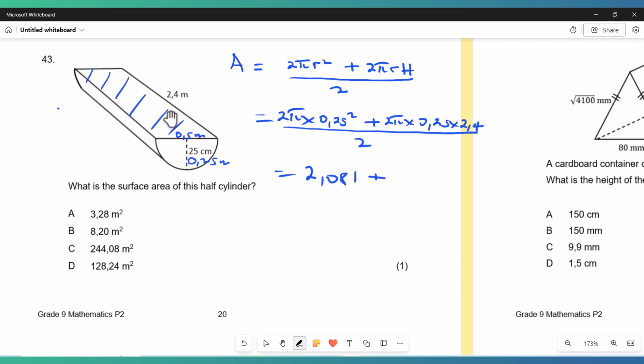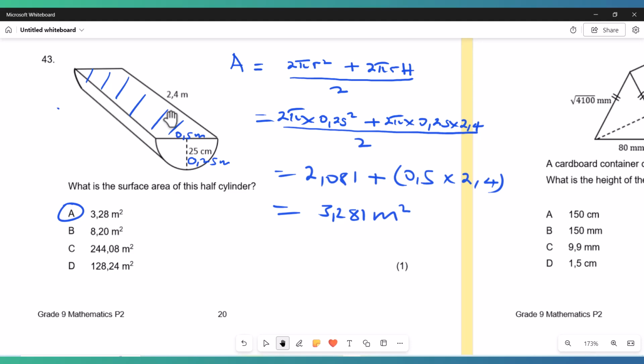So plus this is going to be 0.5 times 2.4. So what do we get here? 2.081 plus open bracket 0.5 times 2.4. Yeah, it gives me actually 3.281 meters squared. So the answer must be this one here. So the answer is A in this case.